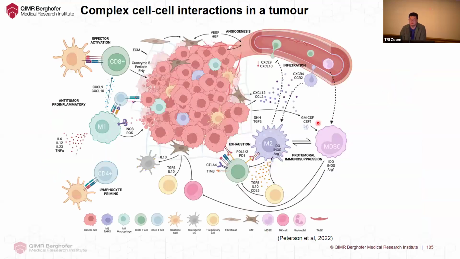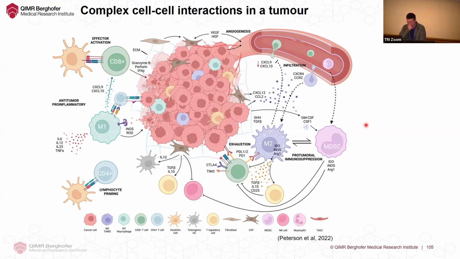So I'm sure that we are all aware of the complexity of tumors. Here I just want to highlight the point that tumor heterogeneity, both between patients and within one tumor microenvironment, is something that really makes cancer so difficult to understand and treat.